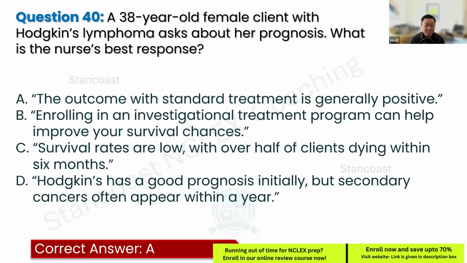And letter D is also incorrect because secondary cancers can occur long after initial remission, often years rather than within a year. So I want you to eliminate the options that suggest investigational therapy or poor outcomes, which are inconsistent with known prognosis for Hodgkin's lymphoma.